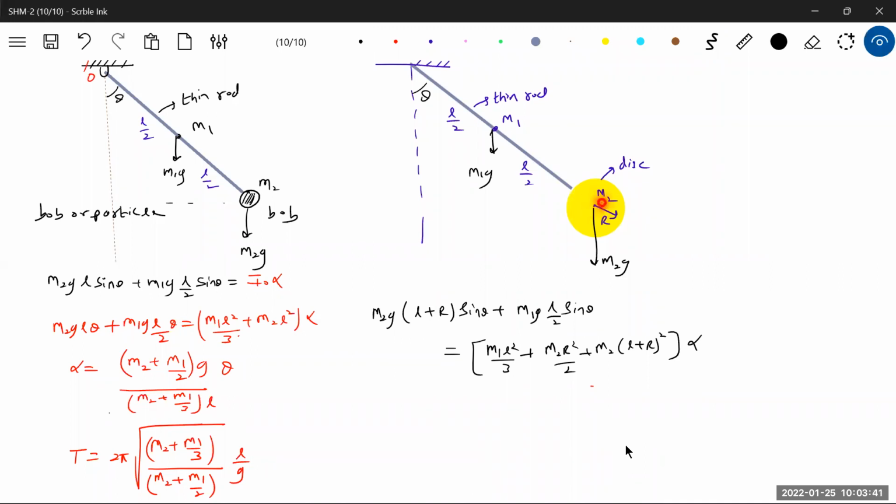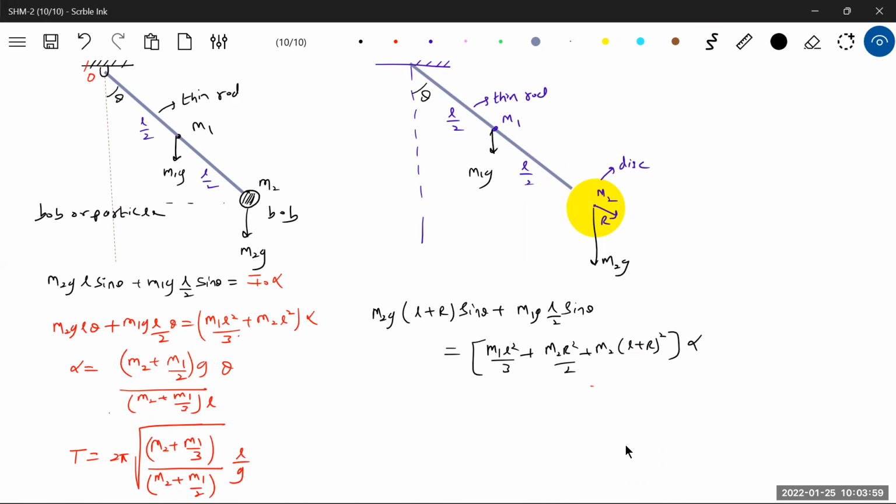The moment of inertia of this whole system: that of the rod is m1 L square by 3, that of the disc first about its center of mass is m2 r square by 2 plus m2 into this distance, which is L plus this radius r.